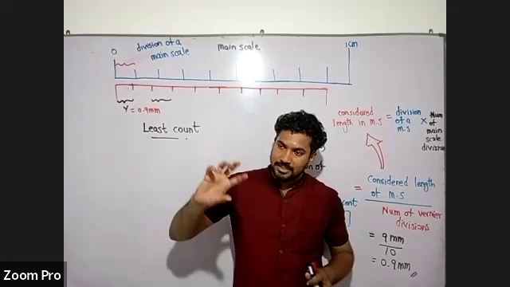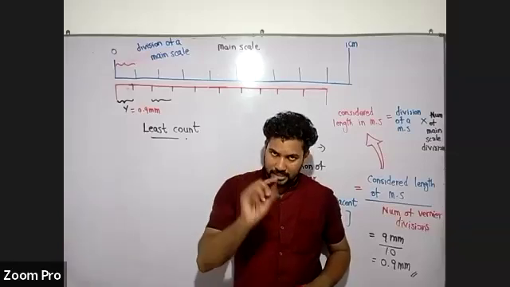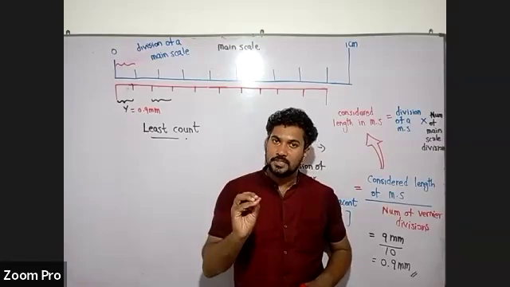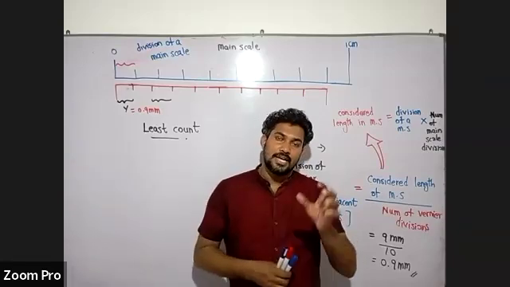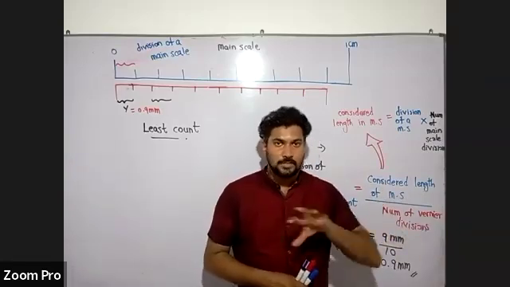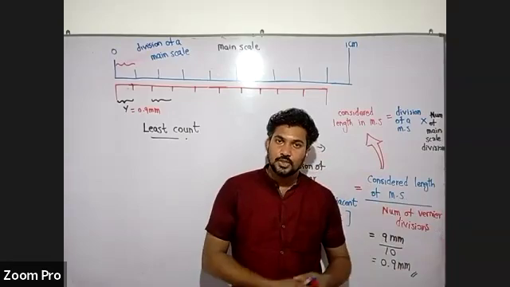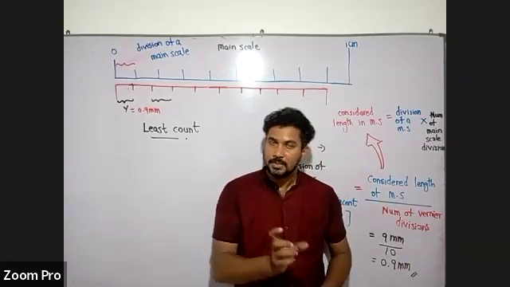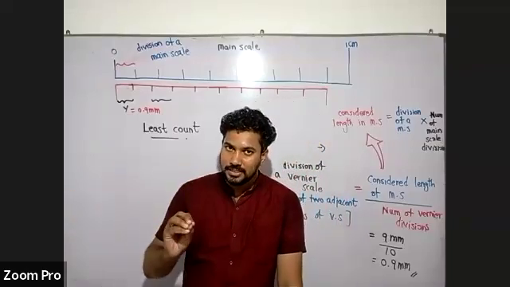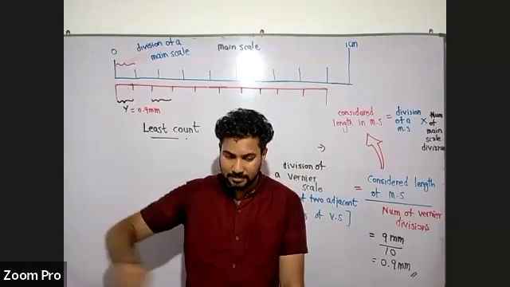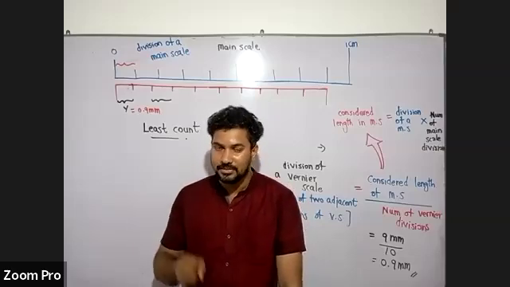The minimum measurement that can be measured accurately in a meter ruler is 10 centimeters, right? On the other hand, the least count, or the minimum value that can be measured using a meter ruler, is 1 millimeter. So they apparently look the same, but these are two different things, isn't it?